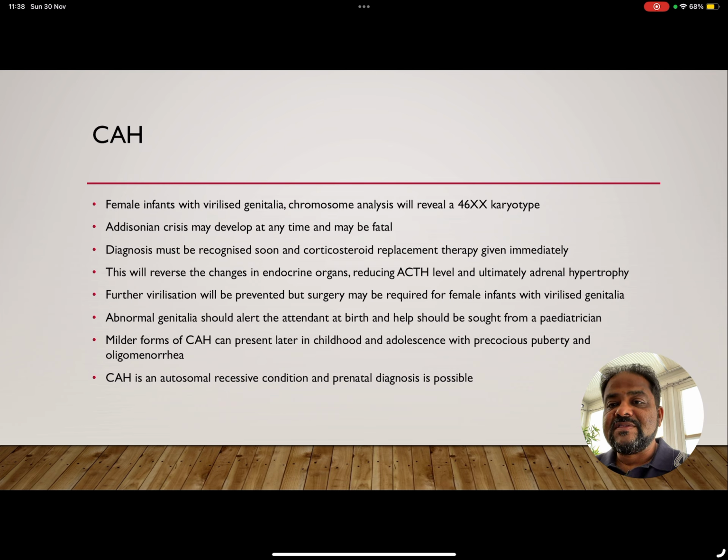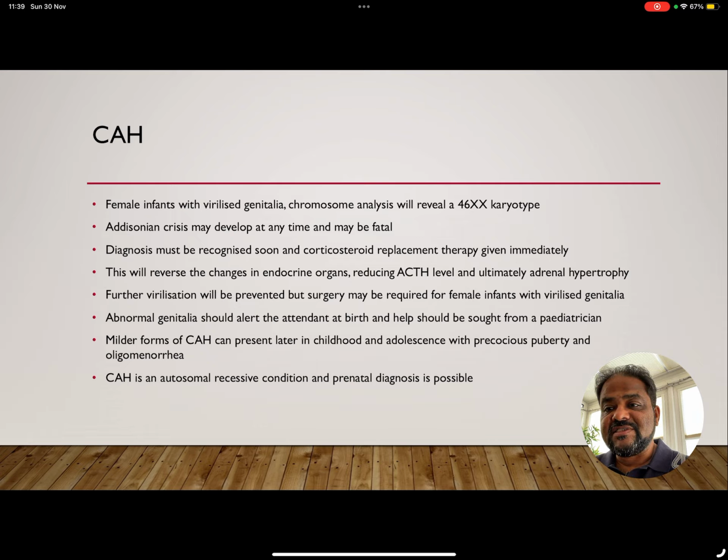In female infants, there is virilized genitalia, and chromosomal analysis will reveal a 46XX karyotype. Addisonian crisis may develop at any time and could be fatal, and that's why early detection is very important. The diagnosis must be recognized soon and corticosteroid replacement therapy given immediately.